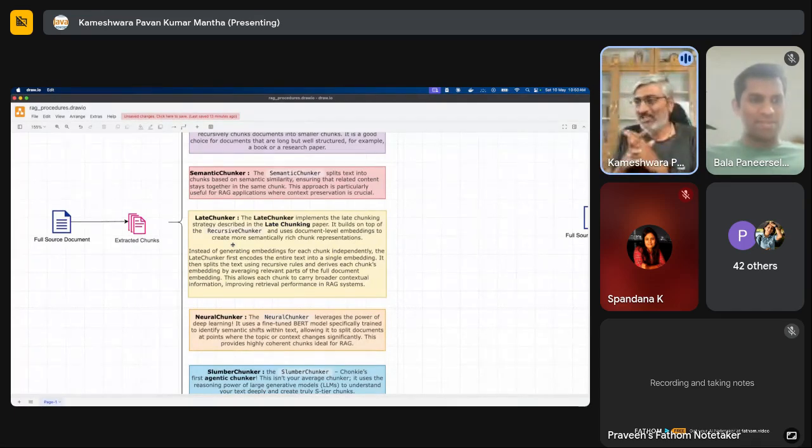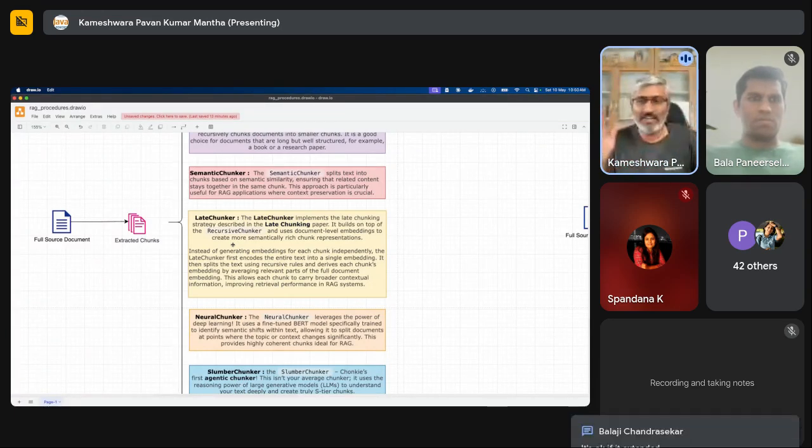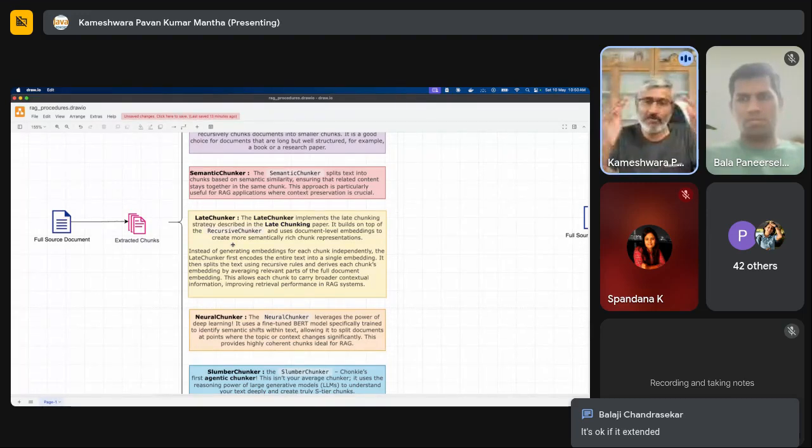Okay, fine. So late chunking, maybe I'll be quick here. Whatever you have seen in the previous architectures, you are passing in a doc and you are getting the embeddings, or chunks. But what happens here is, you actually get the whole embedding for one particular document, and on top of that you have n number of chunks split.